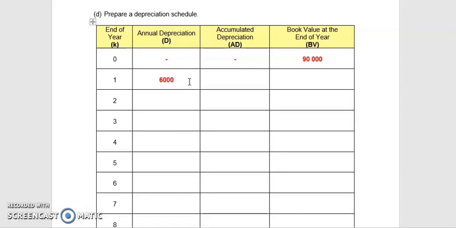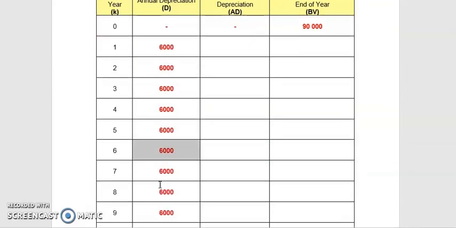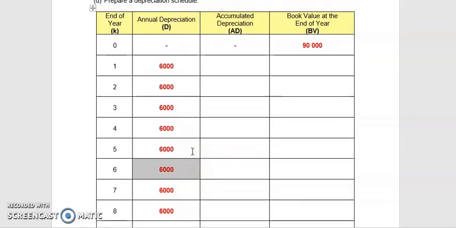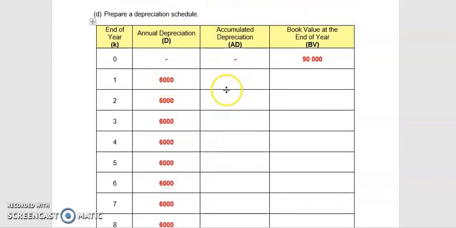Okay, after we use it for 1 year, it depreciates for 6,000. Just now it is the straight line method, so annual depreciation is the same. Second year also it depreciates 6,000, third year also 6,000, until the 10th year. Accumulated depreciation: look at annual depreciation. After you use it for 1 year, accumulated is also still 6,000. Book value, what is meant by book value?